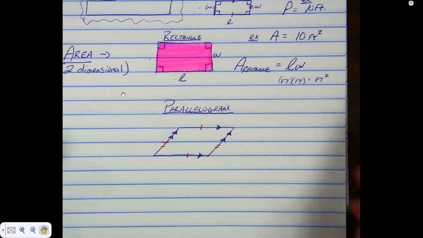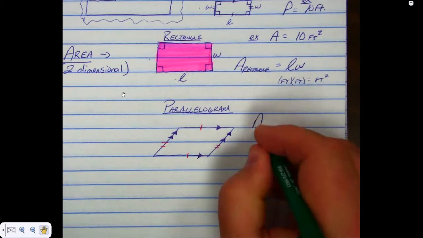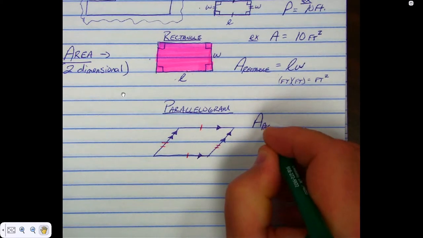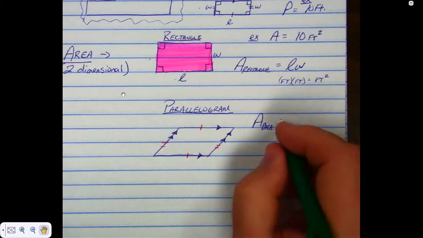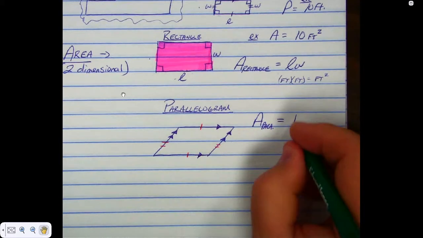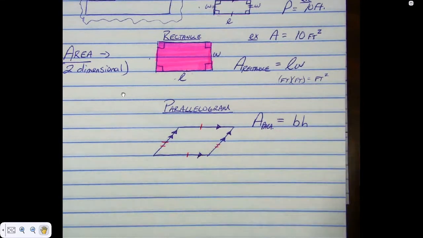Now, here's the big difference in the formula. Area of a parallelogram is equal to base times height.